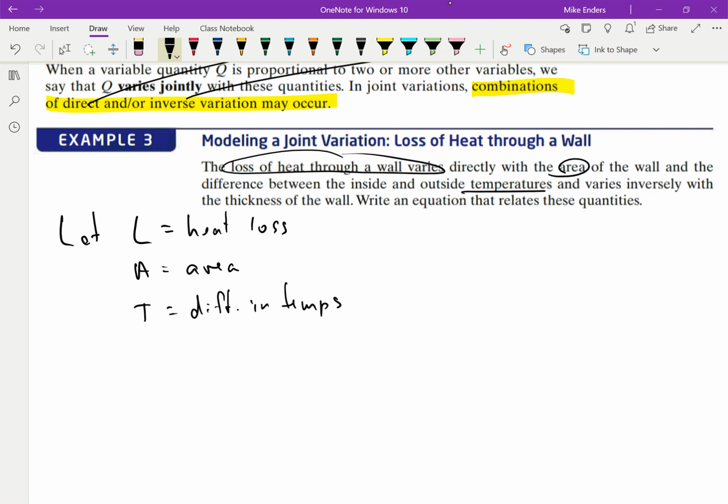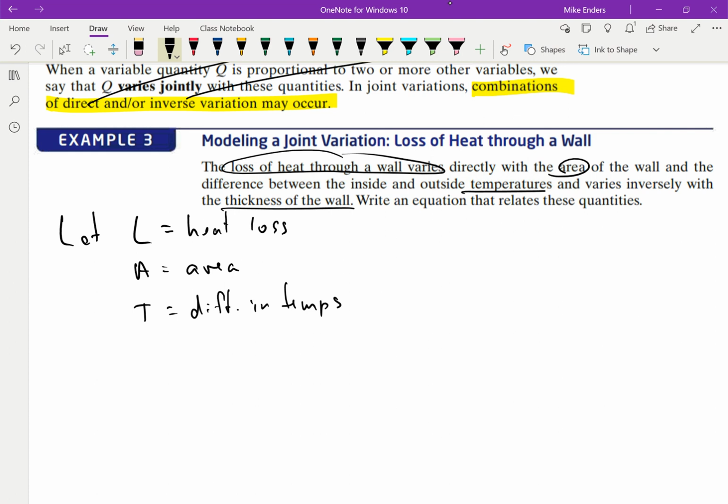It's going to vary inversely with the thickness of the wall. Oh, there's another T, isn't it? So I've got the thickness of the wall, and so maybe I think about that as the density of the wall, perhaps. So I could use a D. Maybe I've got capital T for difference in temperatures. Maybe use lowercase t for the thickness of the wall. I could use maybe W for the wall.